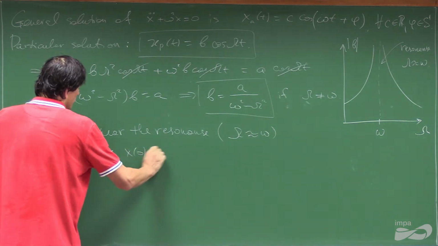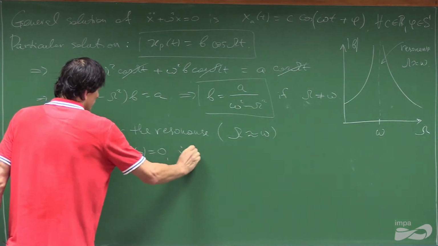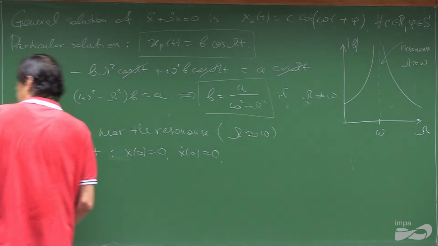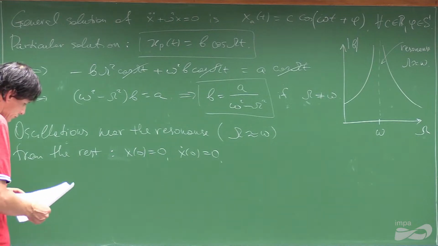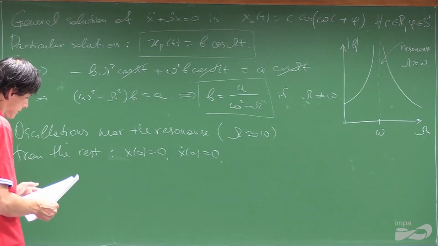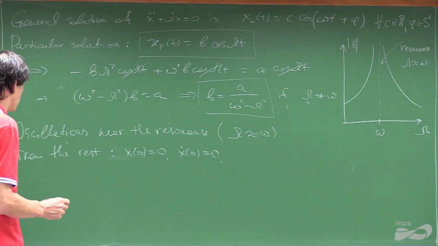When the position is 0 initially and the velocity is 0. So let's take the oscillator which is at rest and now start to force it. And let's see what the solution will be. So we will find, okay, so what do we do?